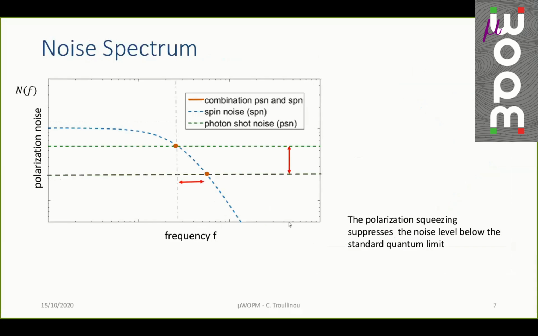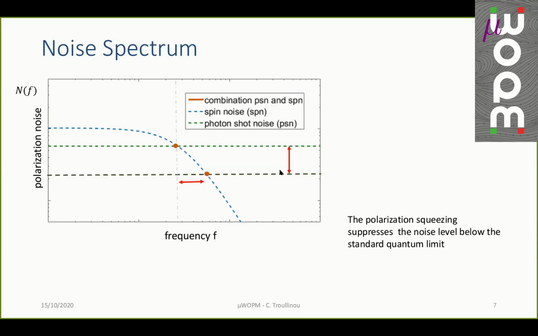So what would this mean for polarization squeezing? Polarization squeezing would lower the photon shot noise level. So this would have two main outputs.